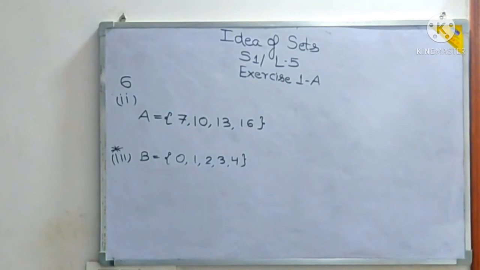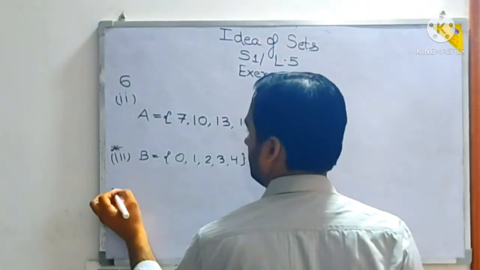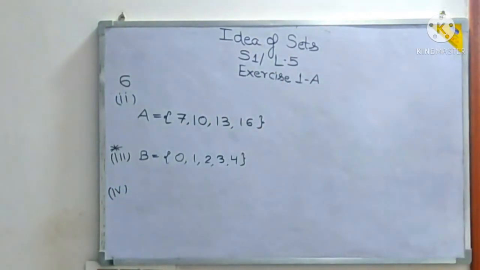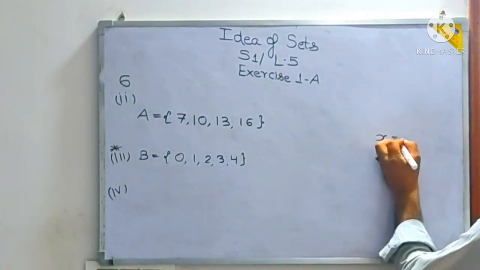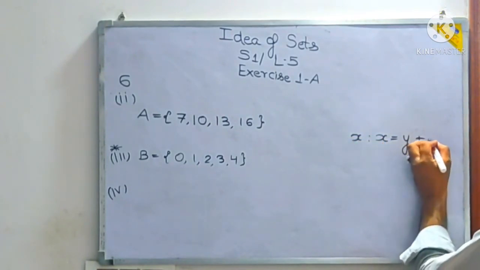And which one more part is given? Third part we have done. Now fourth part. Fourth part says x such that x equal to y plus 3.